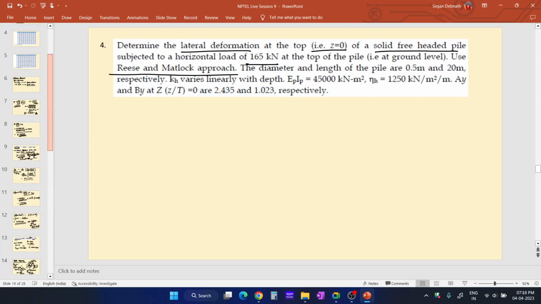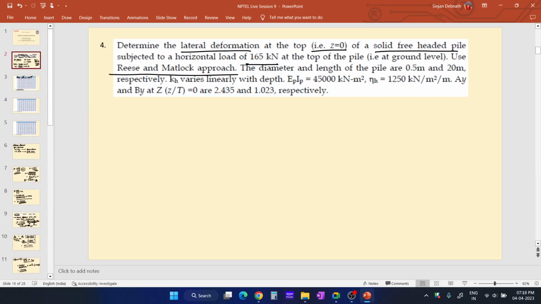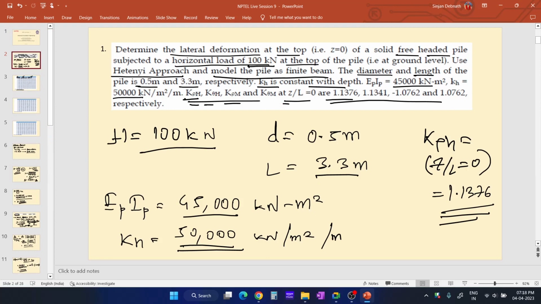In the first two problems, we have used the Hetenyi approach. In the Hetenyi approach, the horizontal subgrade modulus remains constant throughout the depth of the pile.